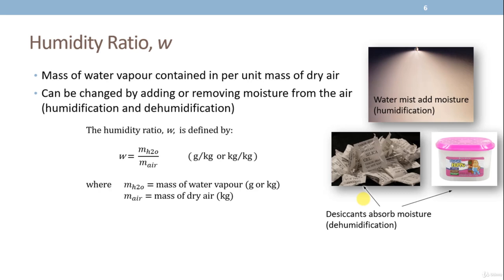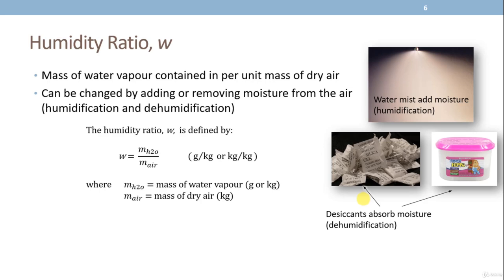Next is this term called humidity ratio, which is not a very commonly used term in a weather station, for example. The other, more commonly used humidity is called relative humidity, but now we are going to talk about this term called humidity ratio. So what is humidity ratio?